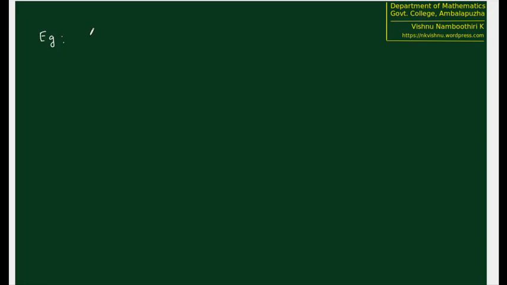So we are going to find the canonical decomposition of 60. We know that 60 we can split in whatever way we wish, and one possibility is 15 into 4.